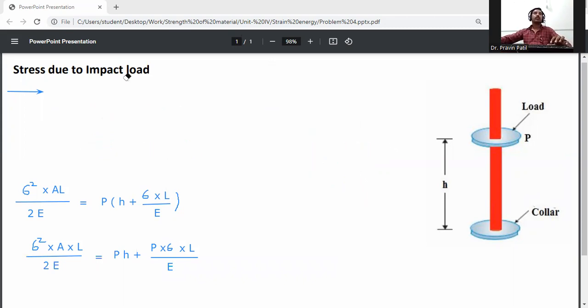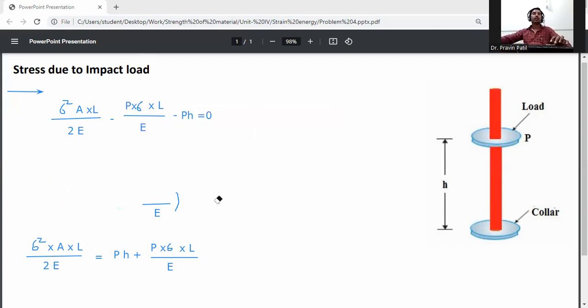Take all values to the left side: sigma square A into L divided by 2E, then minus P into sigma into L divided by E, minus PH is equal to 0. Okay, so this is a quadratic equation.